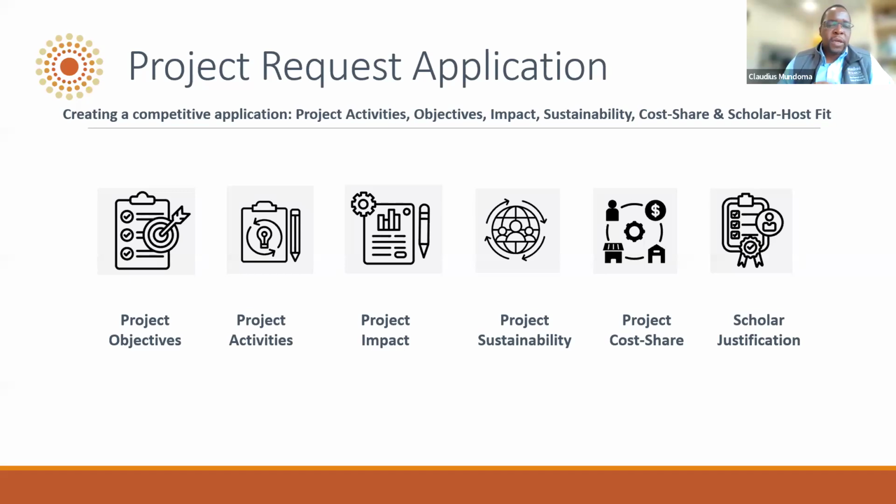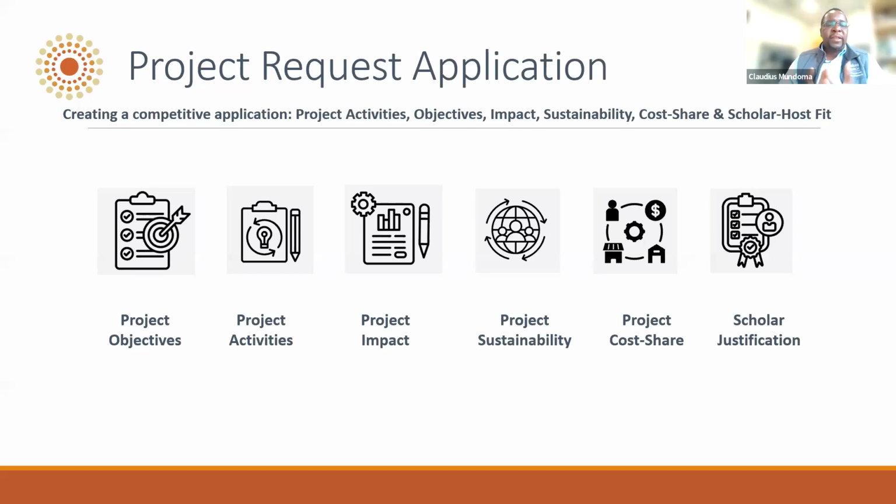You have to develop those relationships beforehand. You have to demonstrate that your project aligns with the goals of your institution, with the goals and objectives of the host institution, and with the Carnegie Fellowship program. That alignment will come in handy when you request this cost share.